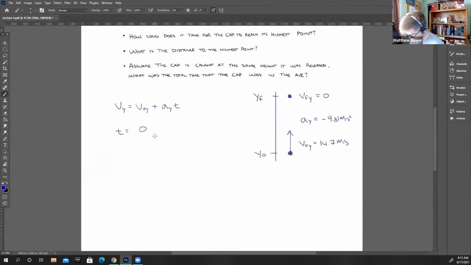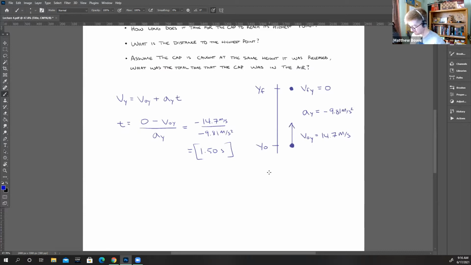Since it has a final velocity of 0, we have 0 minus 14.7 meters per second over minus 9.81 meters per second squared. The time it takes to reach the top is 1.50 seconds.